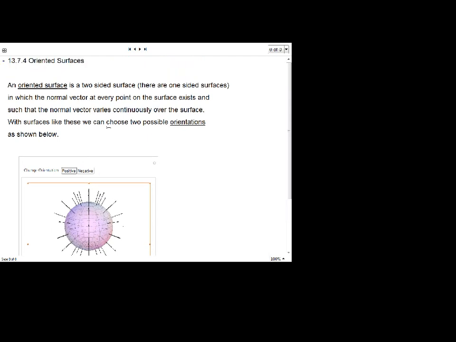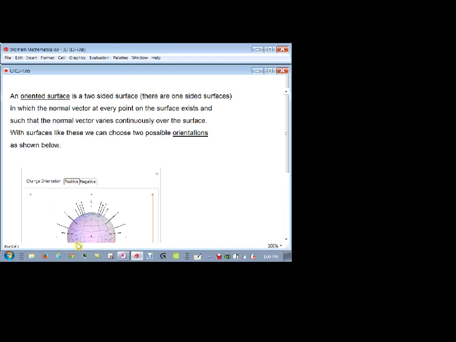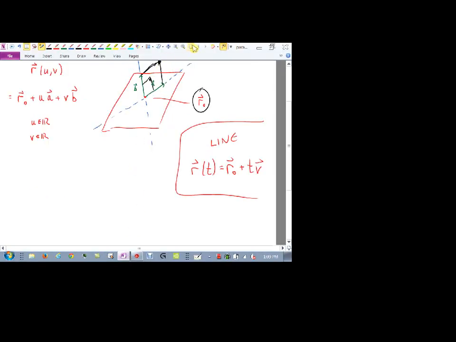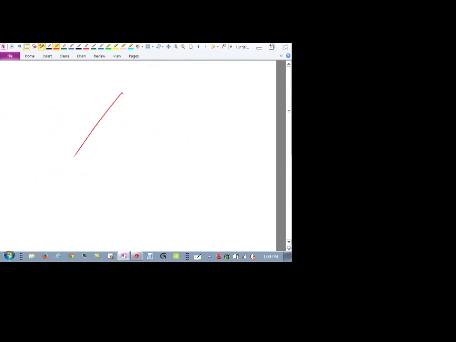Well, we're going to have to be very careful. For example, let's go back to this simple idea of a plane. If I just take a plane, how do I get a normal vector for a plane? I can get two vectors on it and cross them, and that'll pop a normal out, perpendicular to the plane. Agreed? But if I crossed them the other way, wouldn't it pop out the bottom instead?